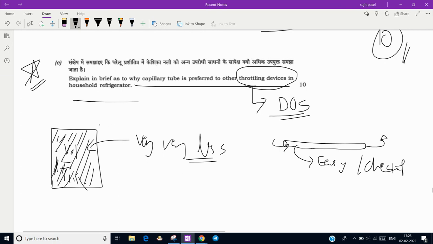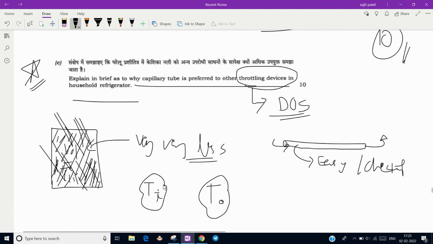Main thing is the volume in domestic refrigerator is constant. The volume of the space that we need to cool down is constant, and one temperature is set there, the inside temperature Ti, that is also set, and outside temperature is variable, but it is not too much variable like in industrial application. But in domestic household, we also assume that the outside temperature is more or less constant, and inside temperature is also maintained at a constant temperature.